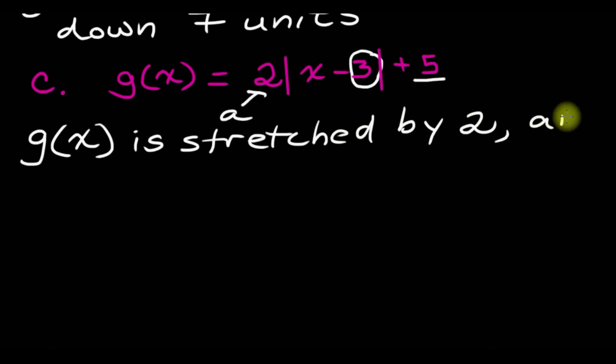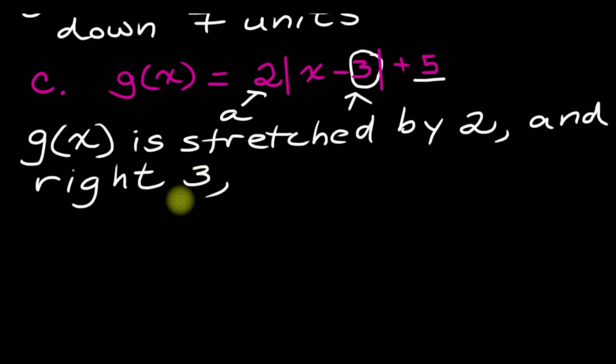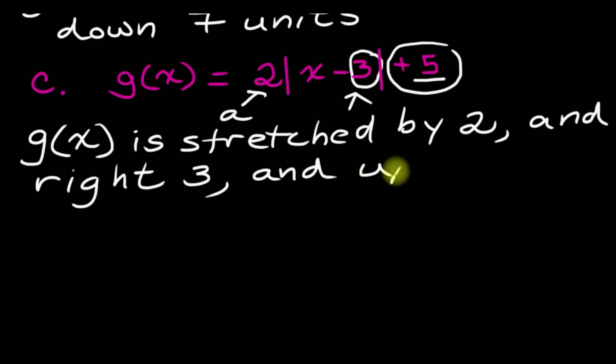And that's going to go to the right because it's positive 3. So right 3. And what is this going to do to the parent function? It's going to take the parent function 5 units up because it's plus 5. So you go up 5. So that's it: stretch by a factor of 2, to the right 3 units, and then up 5 units.